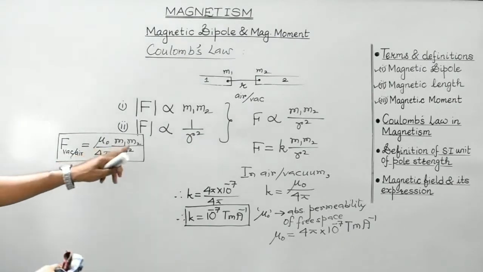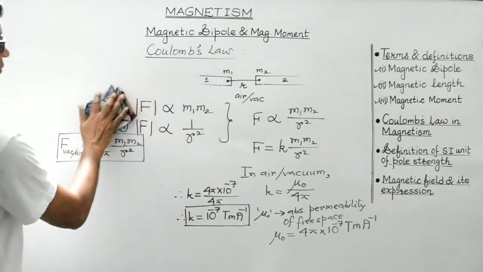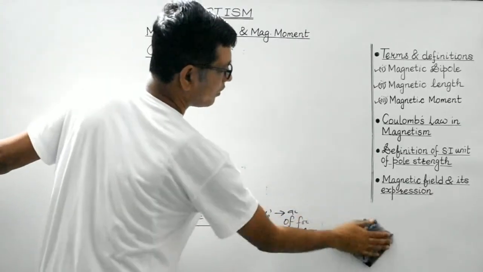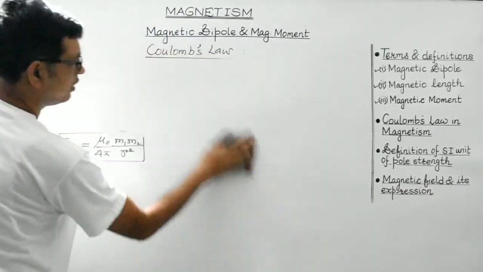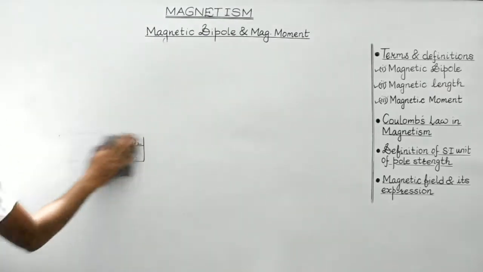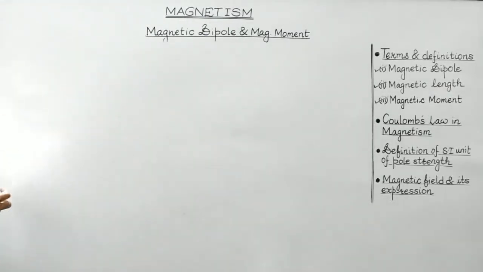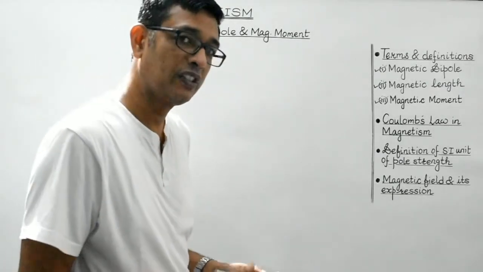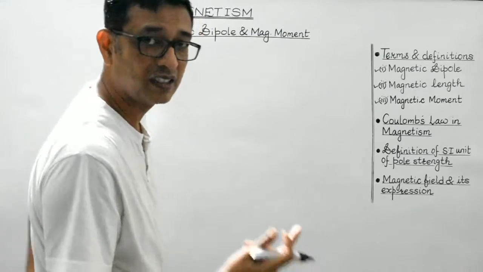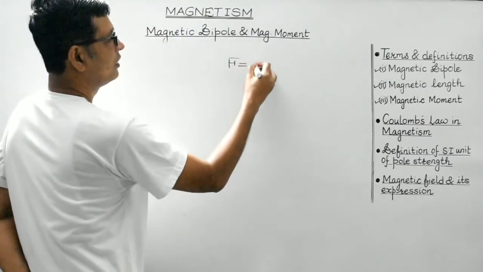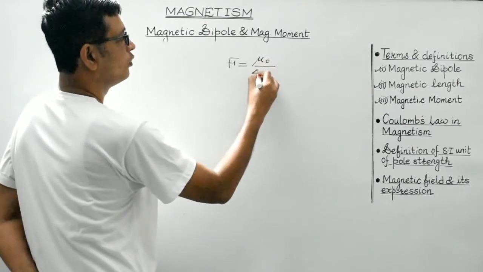For this we will make use of this particular expression. This is the mathematical form of Coulomb's law. For two different poles having pole strengths m1 and m2 separated by distance r in air or vacuum, force is given by mu naught over 4 pi.